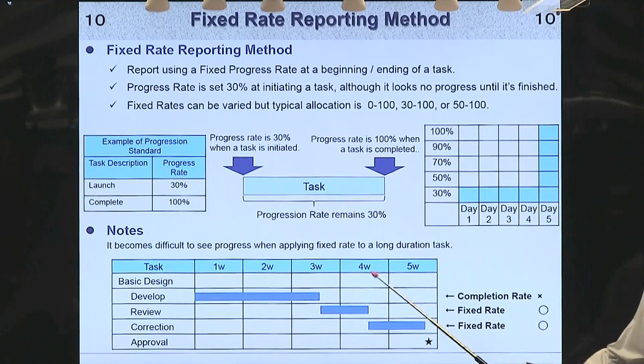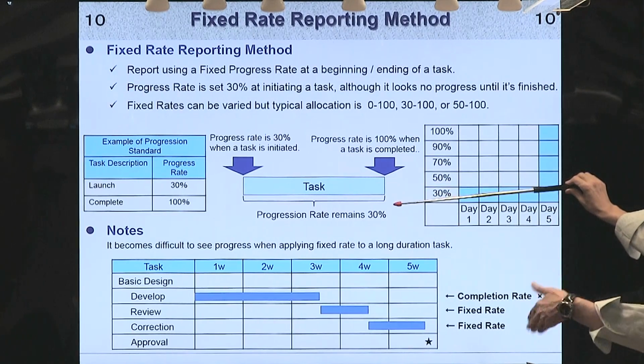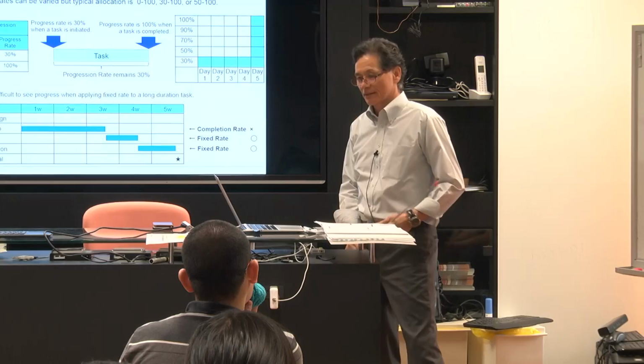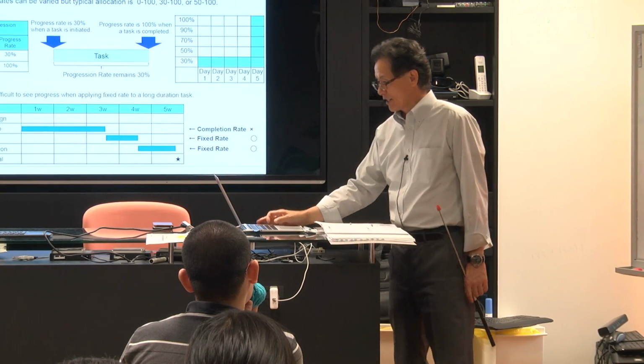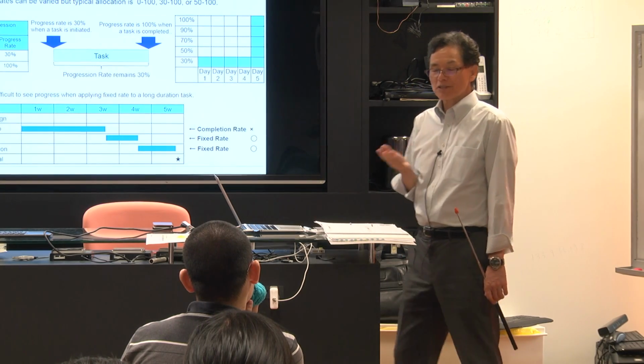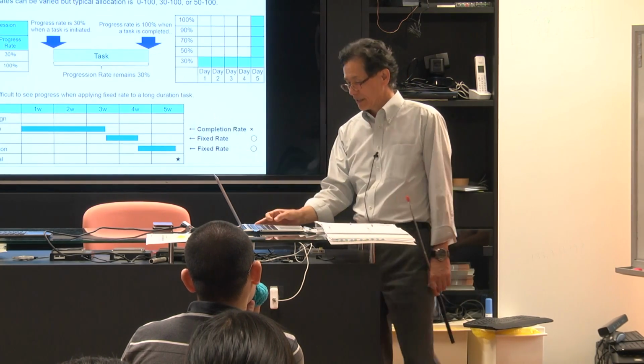The problem is you cannot measure in the middle. It always stays 30, but actual progress is moving forward. But it's very easy. Every week, a person reports, my progress is 30. Next week, 30, 30, 30.